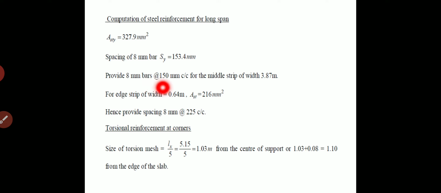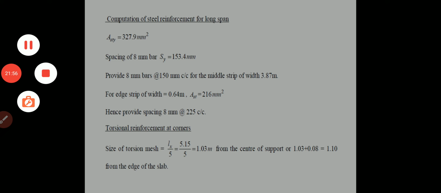Provide 8 mm bars at the rate of 150 mm center to center for the middle strip of width 3.87 meter. For the edge strip of width equal to 0.6 meter, AST equals 216 mm square. Hence provide spacing of 8 mm at 225 mm center to center.